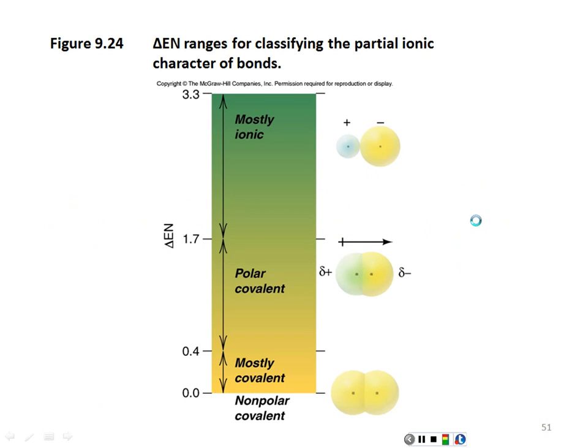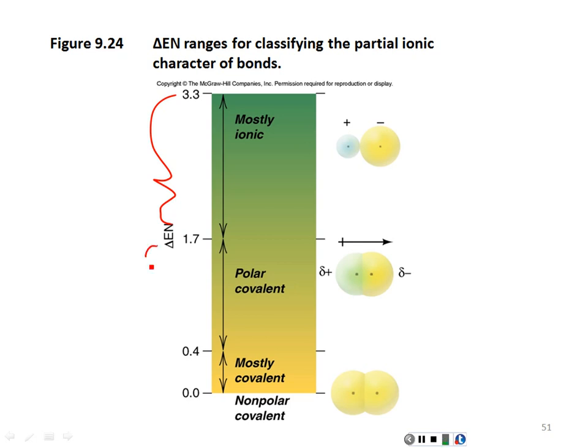Now we can look at delta En ranges to help classify what type of bond we have. This is the figure from your book. These are the values that we will use in this class when we want to classify the character of a bond. From delta En of 3.3 to 1.7, that is going to be considered an ionic bond.